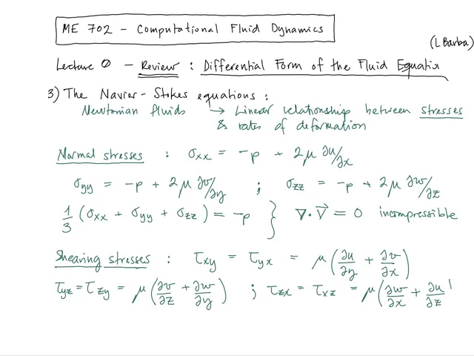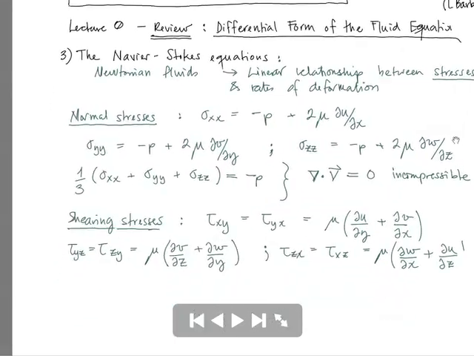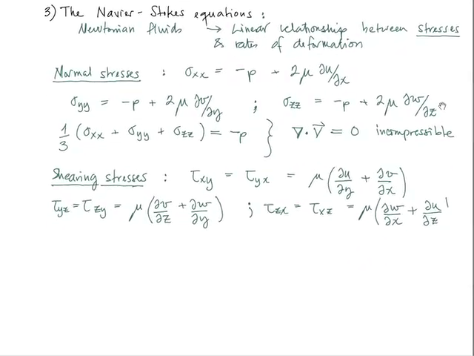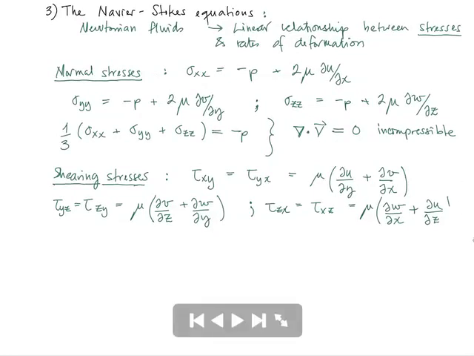So now we have all of the stresses as a function of velocity derivatives. So we can put these stresses back in the momentum equation in differential form, and we are going to have now everything in terms of velocity. But notice that the stresses appear in the momentum equation already in derivatives, and so that means that when we put these back in the equation, the velocities will appear in second derivatives now.